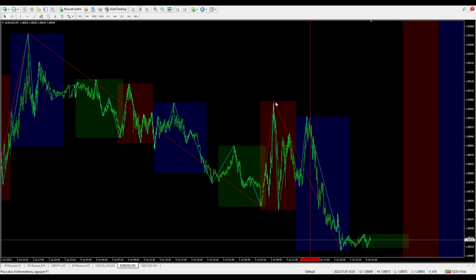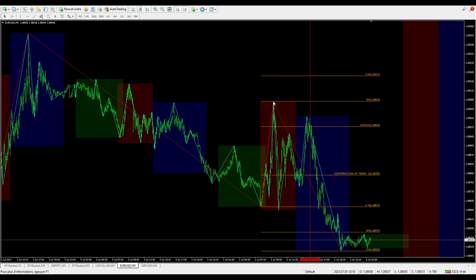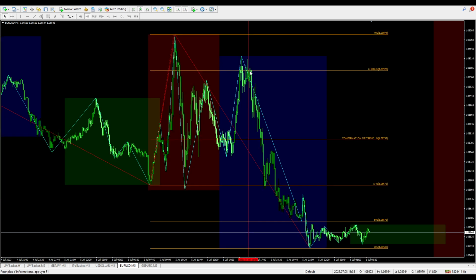So I only have to take this one in this case, as it was the same price as this one, and place my levels here. Okay, and as you can see, at 16.25, I was already at the levels to take my trade. So it was a perfect timing for me.